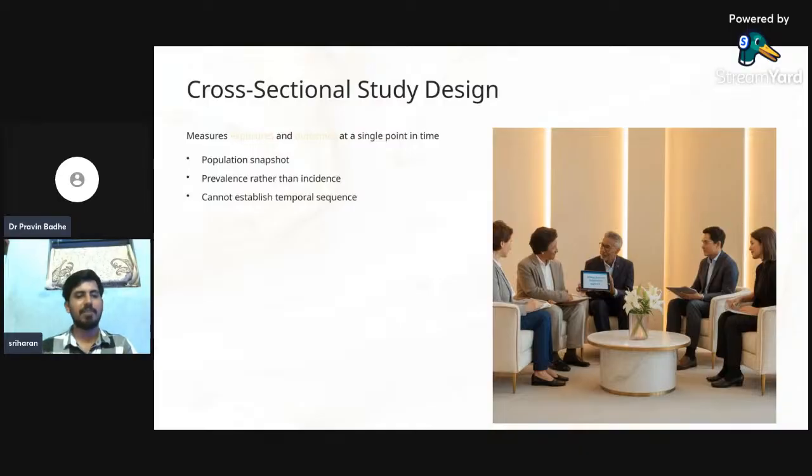There is no follow-up; it applies only while viewing the patient. We calculate the exposure and the outcome at the same time and attain the result. These studies are very useful for surveys, census, questionnaires and interviews, where cross-sectional studies play a major role.